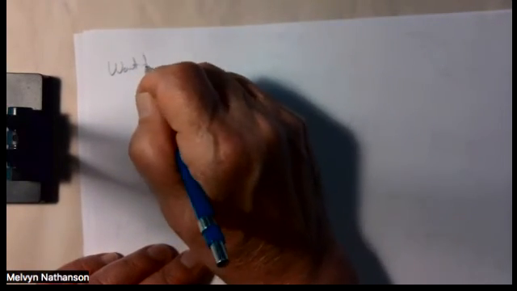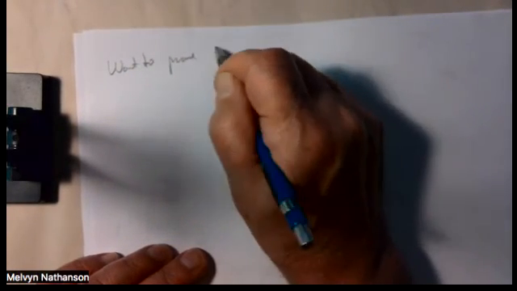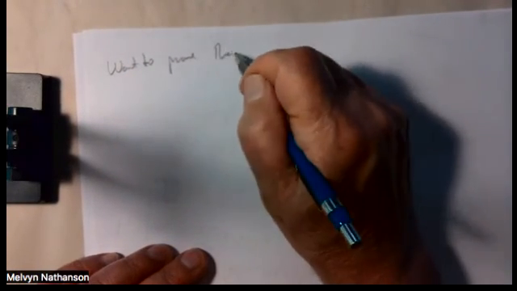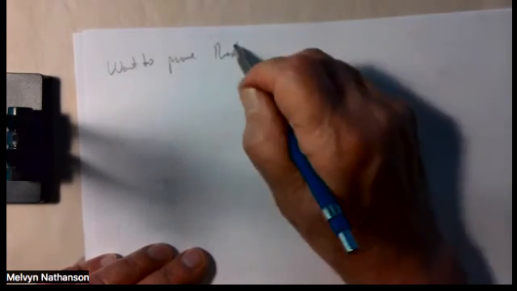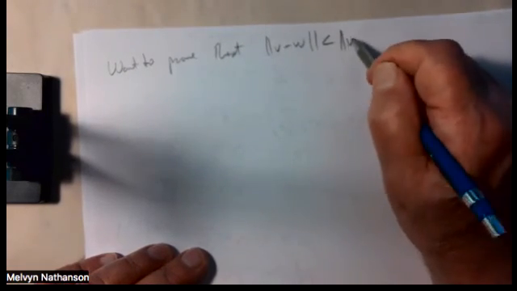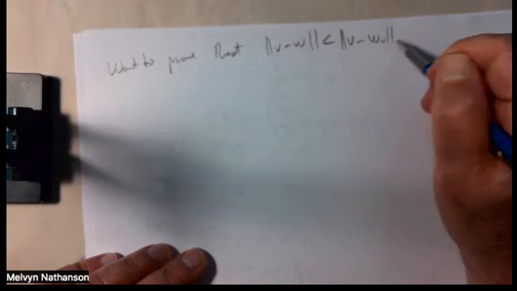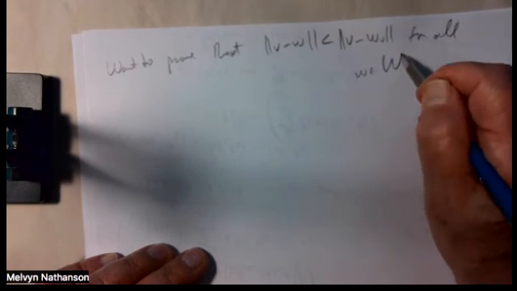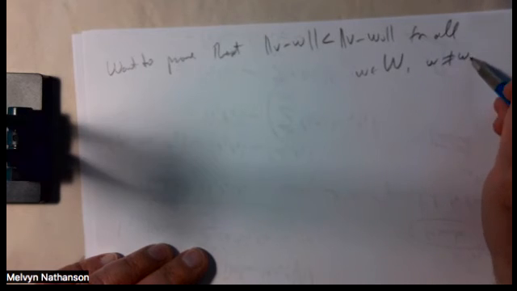Now I want to prove that the distance from V to W is strictly less than the distance from V to W0 for all W in the subspace W, except for W0.